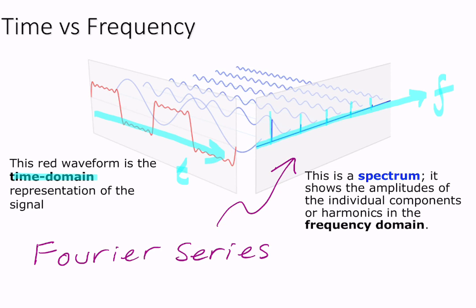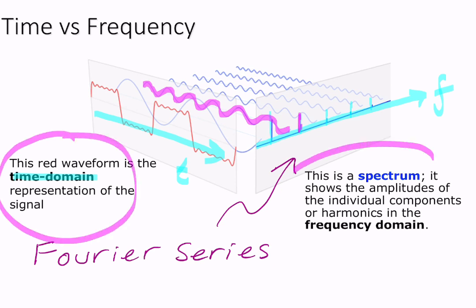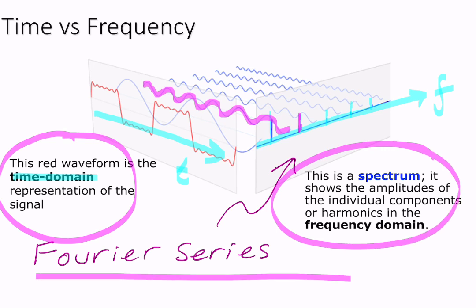So here you can see each of these sine waves has an amplitude corresponding to the spectral line there. So the purpose of this is just to show you that a periodic signal in the time domain can be represented in the frequency domain. It just happens that we use the Fourier series to create this spectrum. Today we're going to use something else to create the same spectrum.